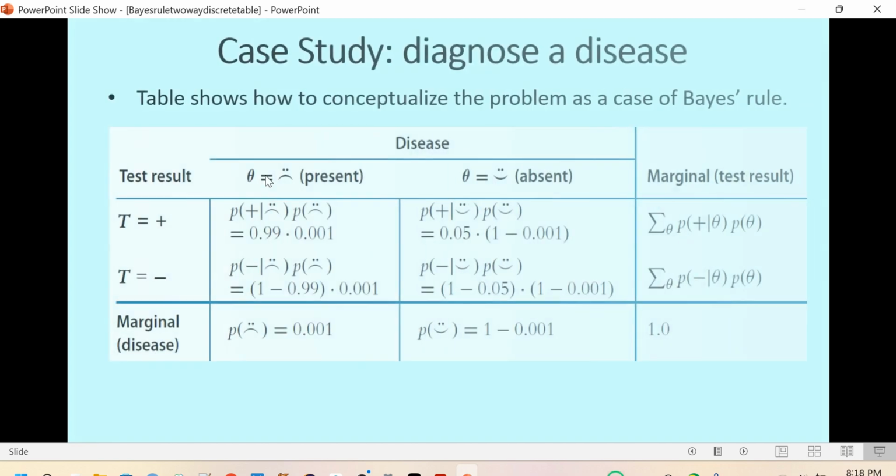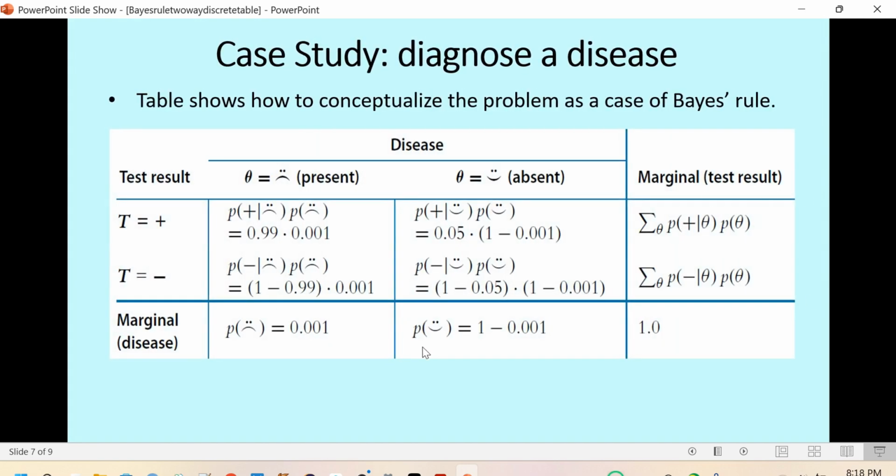So we will use this table to apply Bayes analysis. In this table, on the left side we have test positive and negative, and for the columns we have has disease and no disease, right? So this is a two-way categorical table, or contingency table.